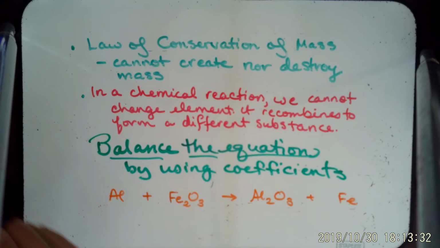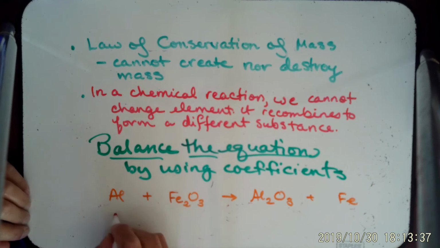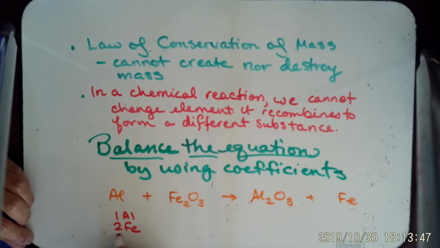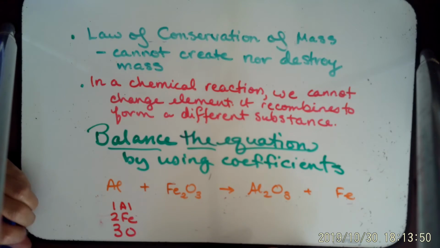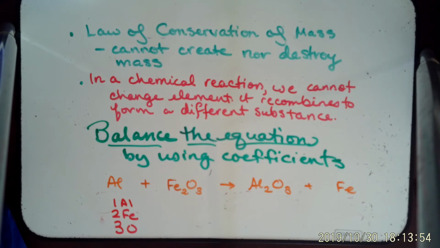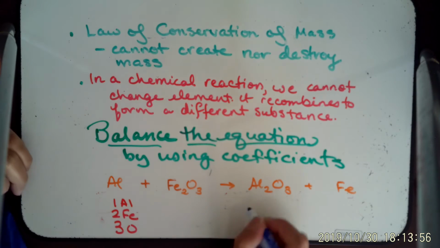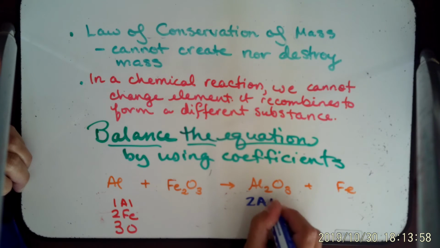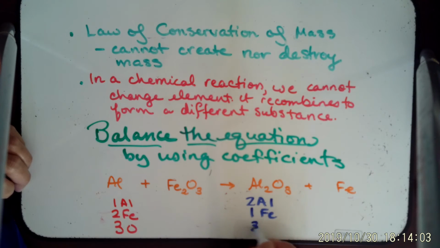So how do we do this? Well, we basically do a count. I have 1 aluminum, 2 irons, and 3 oxygen. On the right hand side, I have 2 aluminums, 1 iron, and 3 oxygens.